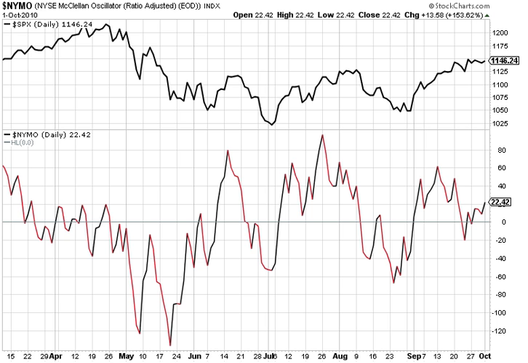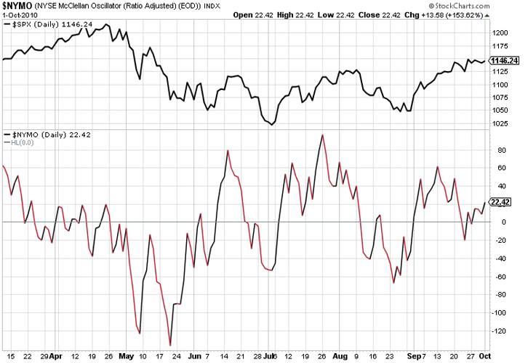Now let's talk about momentum oscillators based on advances and declines. Sherman McClellan created the McClellan oscillator in the summer of 1969. The McClellan oscillator measures momentum based on advances and declines, and this is a chart showing the McClellan oscillator.